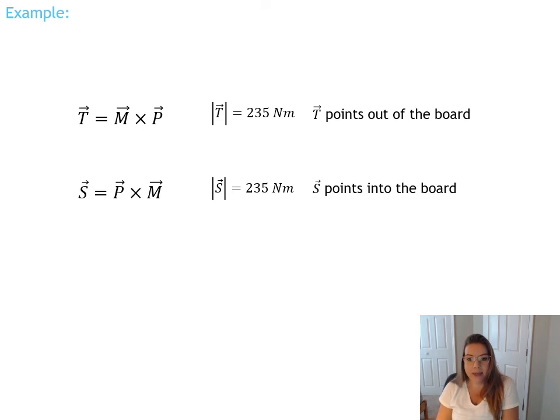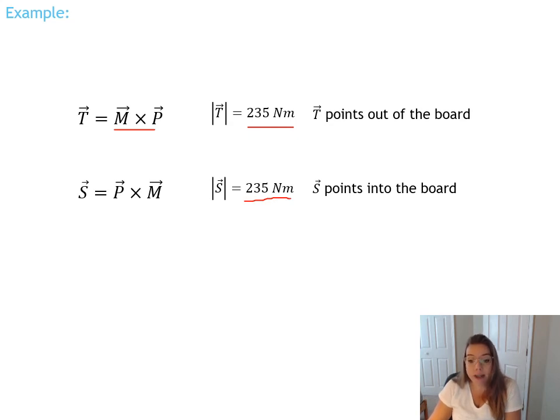So to summarize all of that together, we crossed M with P, that was vector T, and T had a norm of 235 Newton meters, but it pointed out of the board. S was crossing P with M, so the inverted order of the two things in the cross product. And notice that T and S have the exact same norm. The area spanned by the vectors is the same.